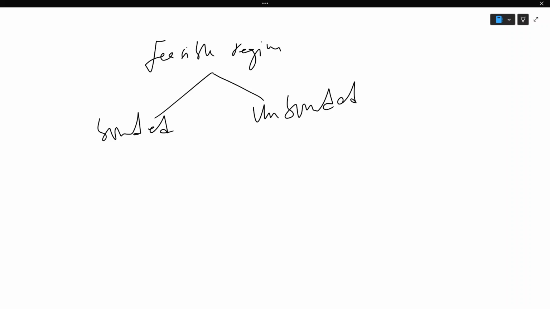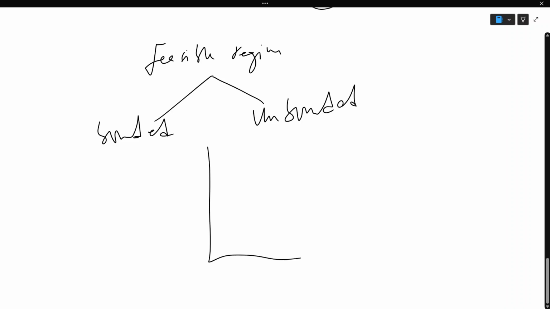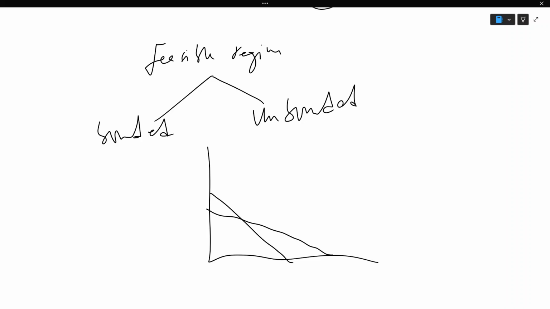Let me draw. Assuming you have some linear program, a bounded feasible region is enclosed by the constraints, while an unbounded one is open on at least one side.